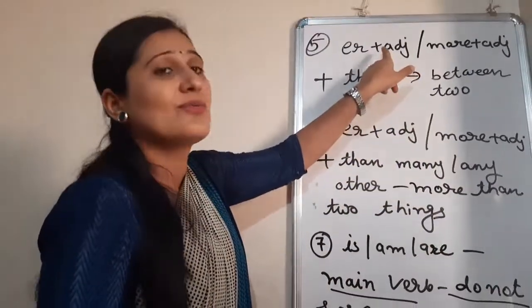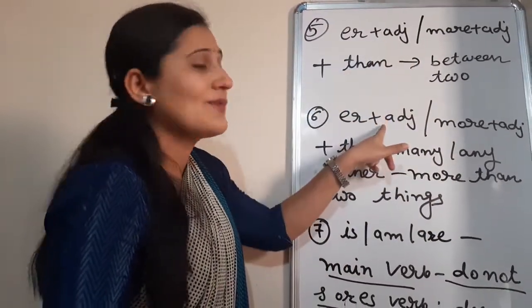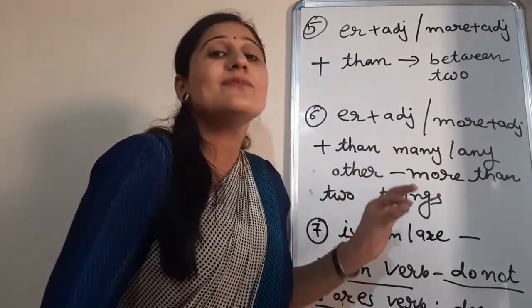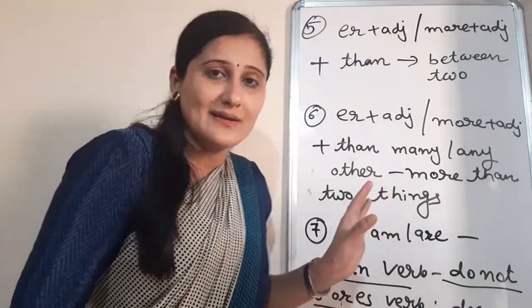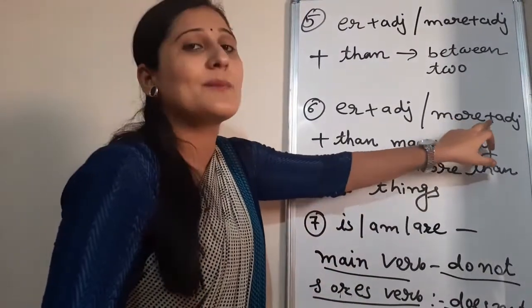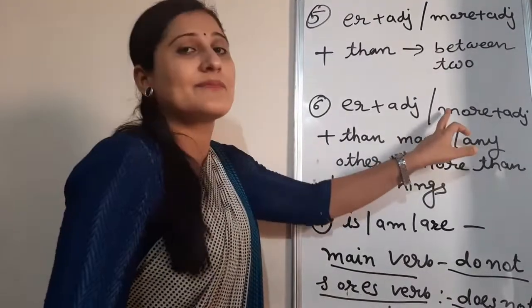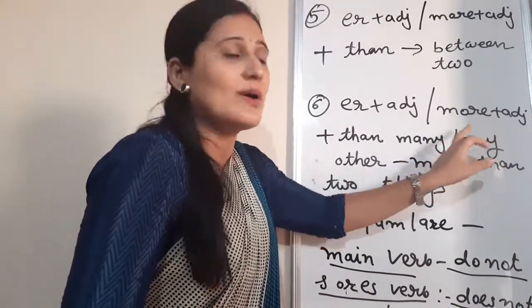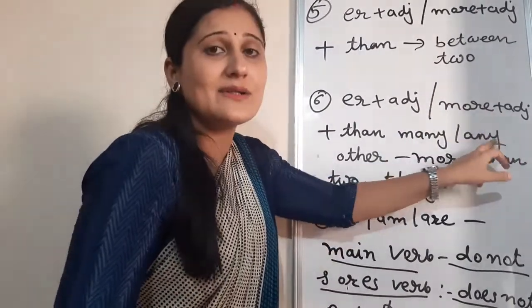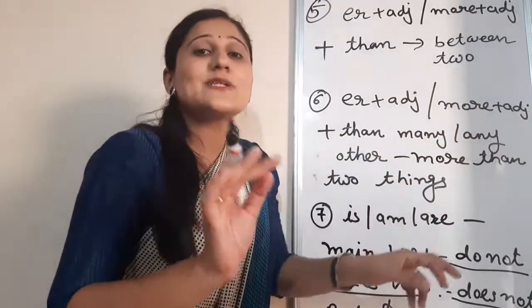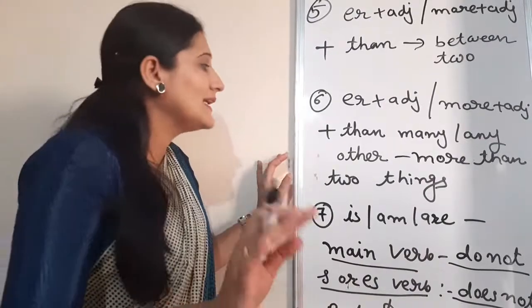This is for a small adjective, and this, more plus adjective, if the adjective is big, right? I have already given the example: more beautiful, more hardworking, more intelligent. So that time you can use more plus adjective, especially in comparative degree, right?